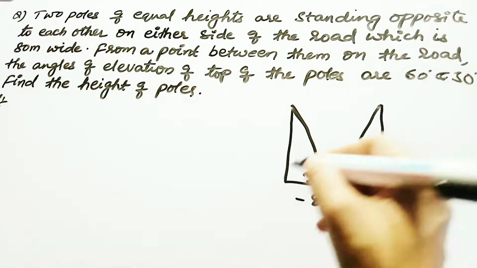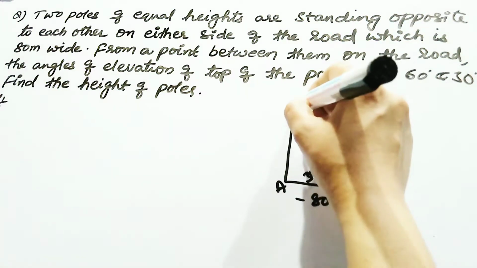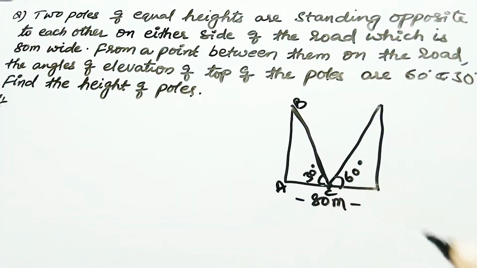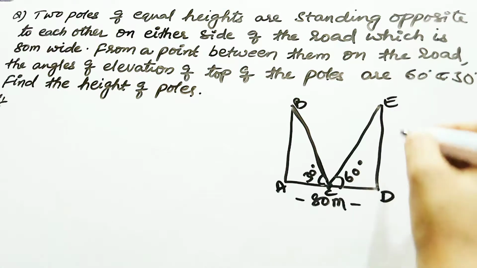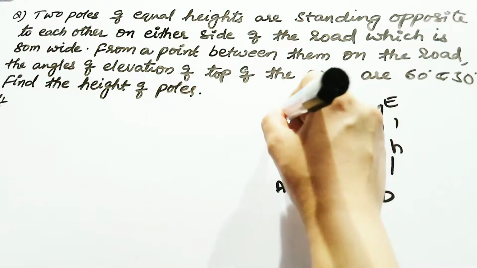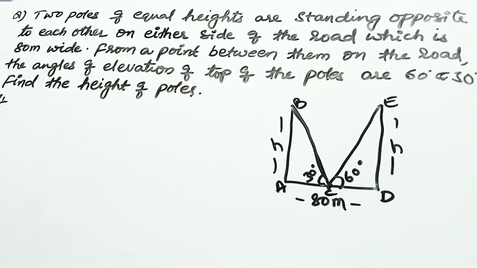Just give names to your right angle triangles: A, B, C, D and E. So what we have to find? We have to find the height of a pole. AB and DE are parallel lines, so this height is the same as this height. Parallel lines are equal.